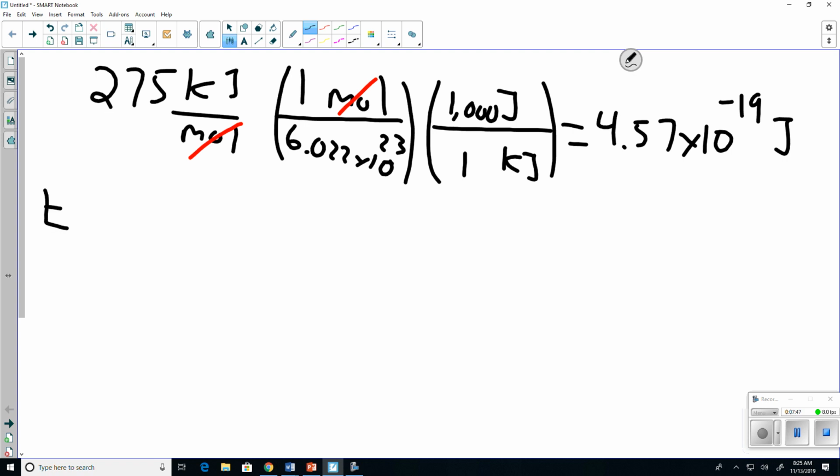Now what I can do is use this equation, but I'm going to solve for frequency, which is the Greek letter nu. So in this case, that's going to be my energy divided by Planck's constant.